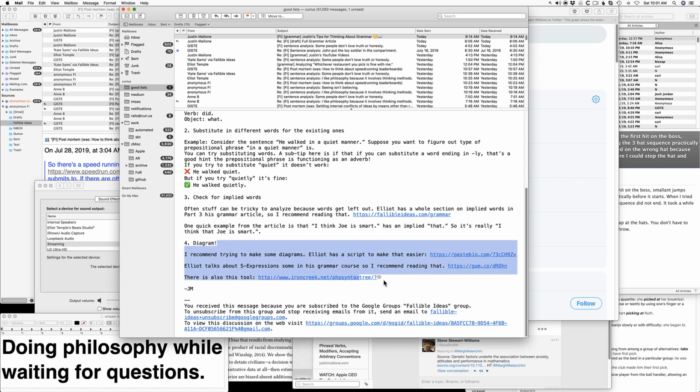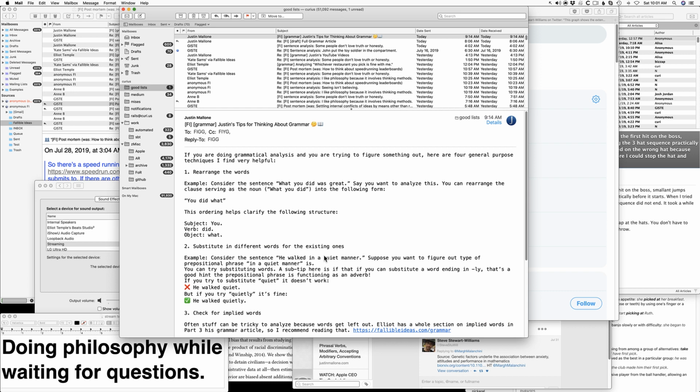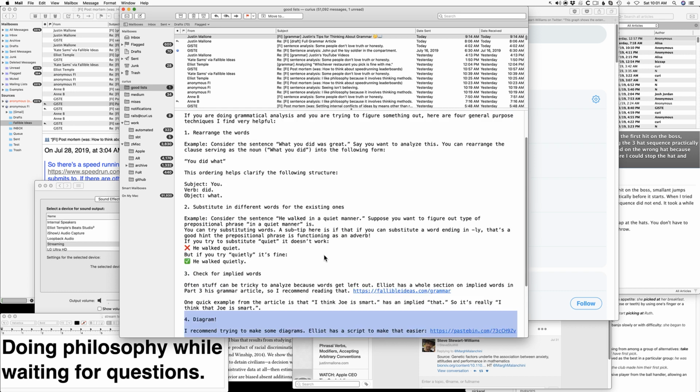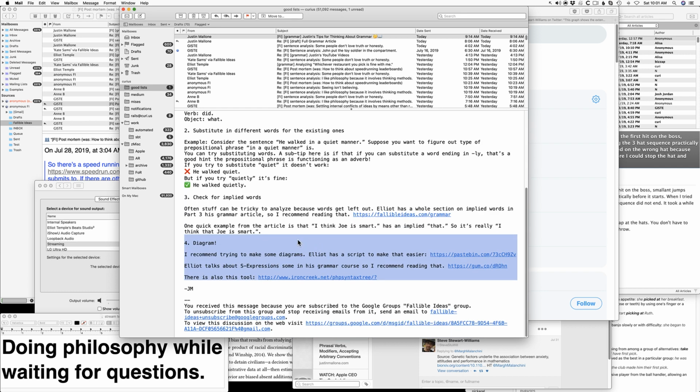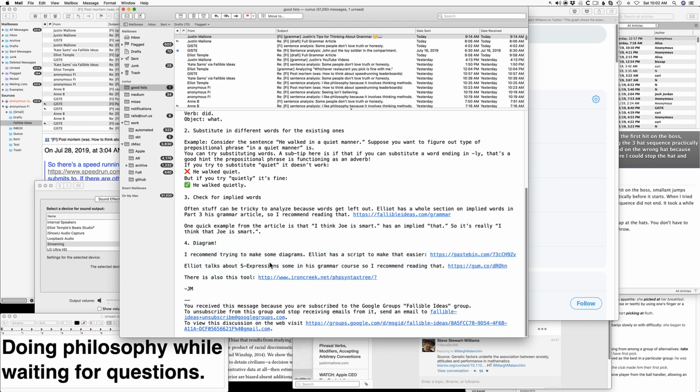Diagram. Yes, diagrams are good. Also, there's the techniques I specifically gave in the essay of outlining and showing the clause and phrase groupings and doing question-based analysis. Doing tree diagrams does show you clause and phrase groupings.